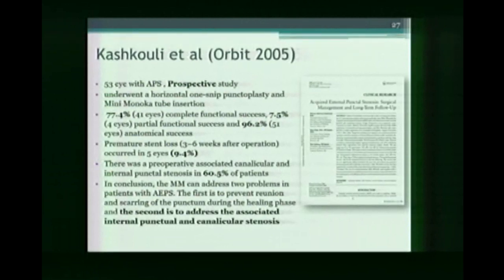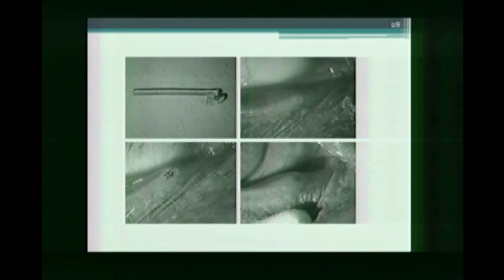So they proposed in conclusion that mini monoca can address 2 problems in patients with acquired punctal stenosis. The first is to prevent restenosis for sure, and the second is to address and treat any associated canalicular or common canalicular disease or stenosis. This is a photo from the same study.